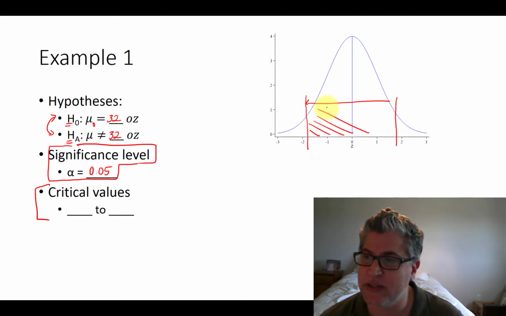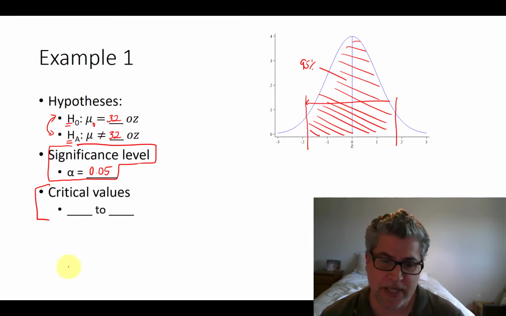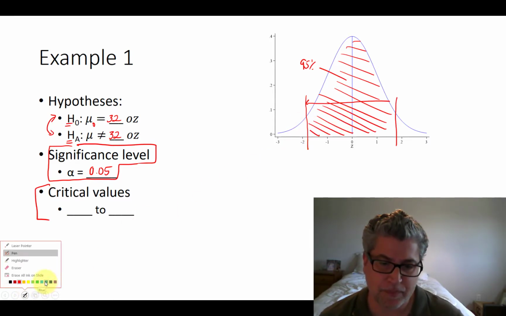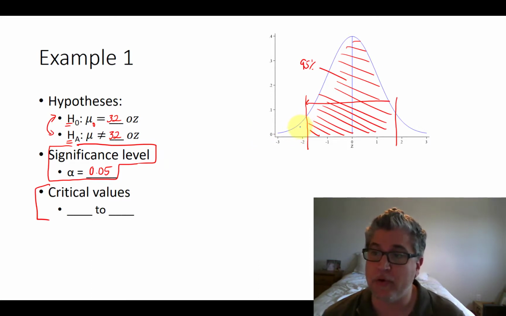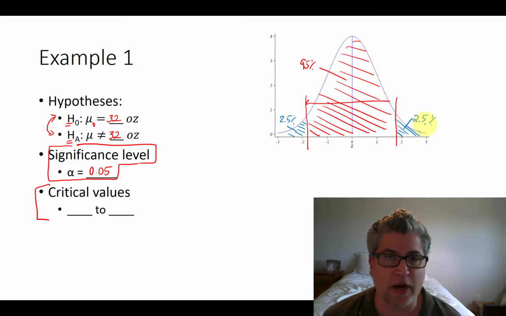So actually, let's do it like this. 95% should fall into here. And the remainder is going to be out in the tails. Let's maybe switch colors. So the remaining 5% gets split equally in the left side and the right side. So we split 5% in half, and we get 2.5% here and 2.5% there.